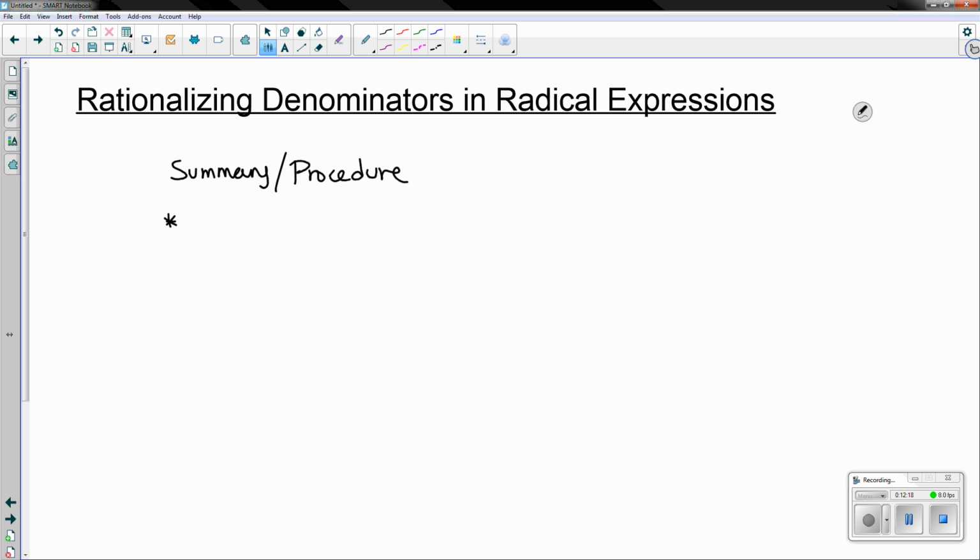So first off, the goal is to eliminate radicals from denominators.